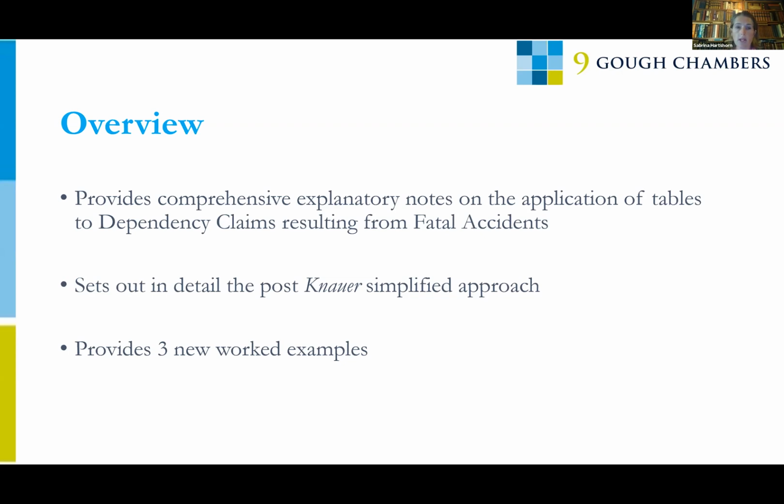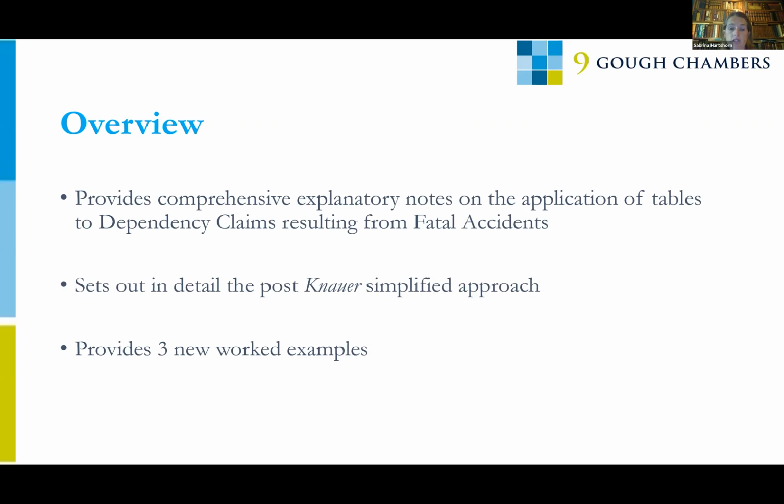Now, looking at section D, since the Ogden 7 explanatory notes it has essentially been completely rewritten, and a simplified approach has been adopted in the assessment of pre- and post-trial dependency in fatal accident claims.